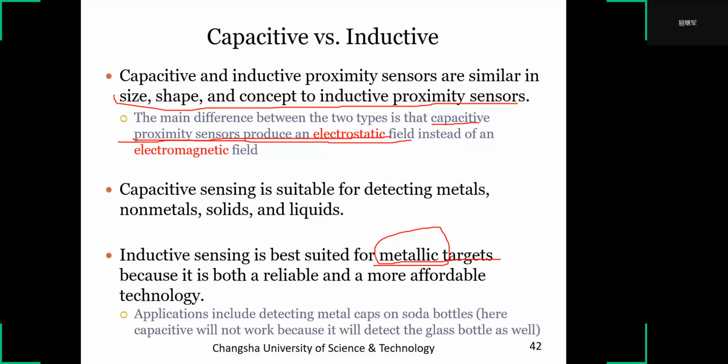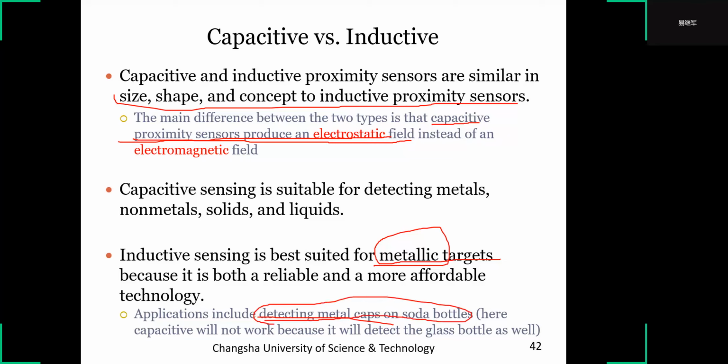Applications include detecting metal caps on soda bottles.